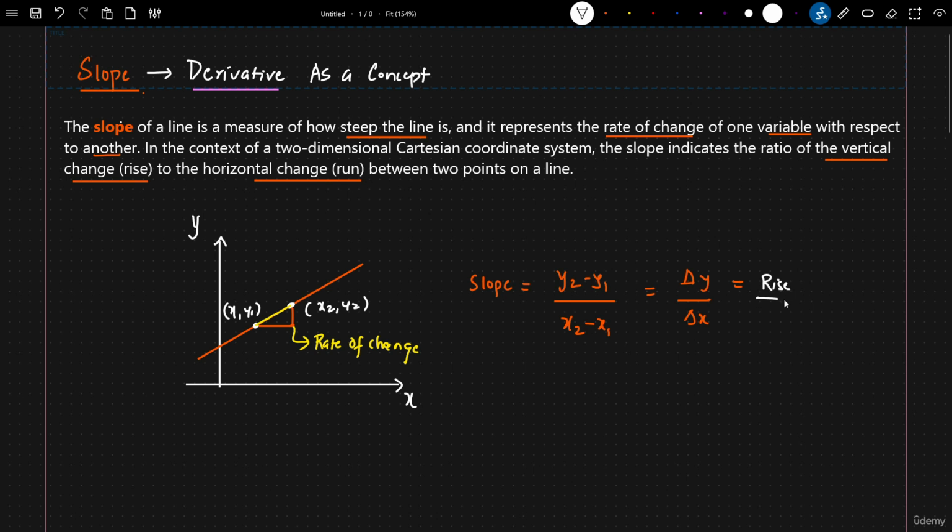Why rise? Because this is moving above in the y direction. Similarly, the horizontal change we say is run, right? So this slope can basically be calculated by delta y divided by delta x, which is nothing but rise by run. Now, this is with respect to the slope, and this is with respect to a coordinate system with 2 dimensions.